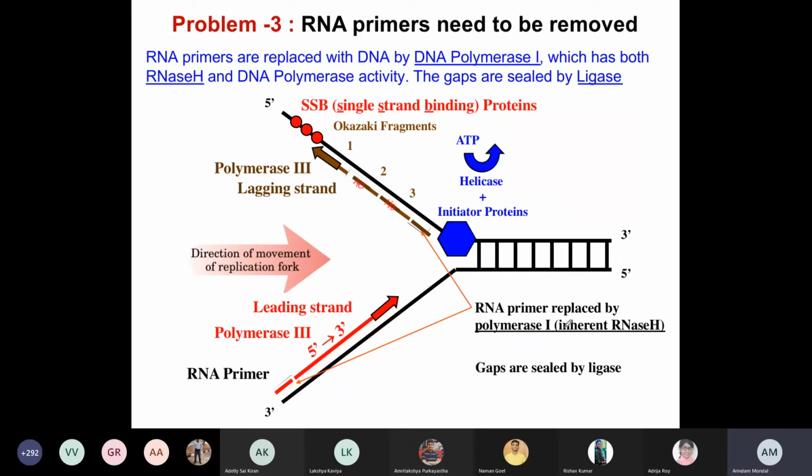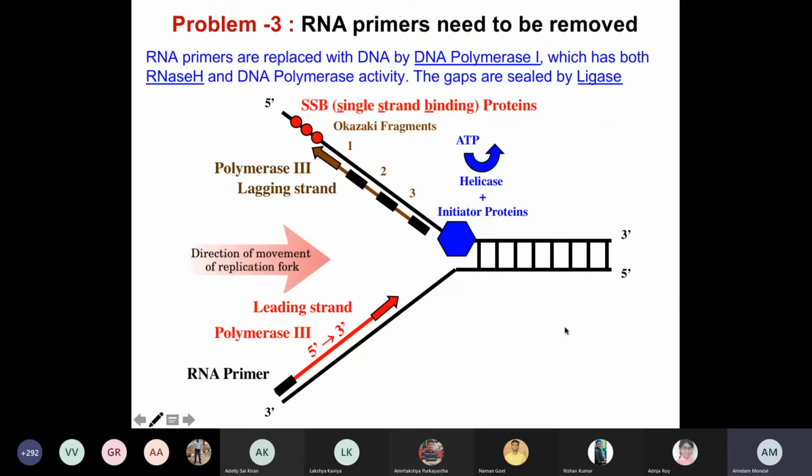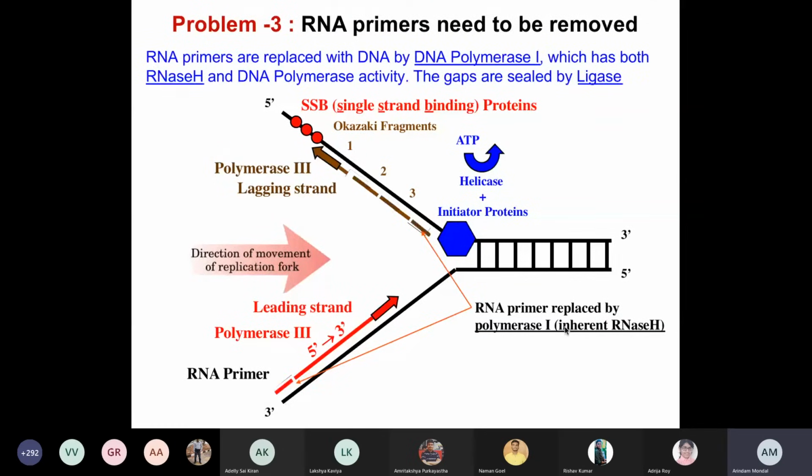So first of all, the DNA polymerase comes in and removes the RNA primers. Second, the DNA polymerase fills in the gaps by synthesizing these small DNA fragments, and then the ligase joins these DNA fragments together to make a continuous DNA strand.